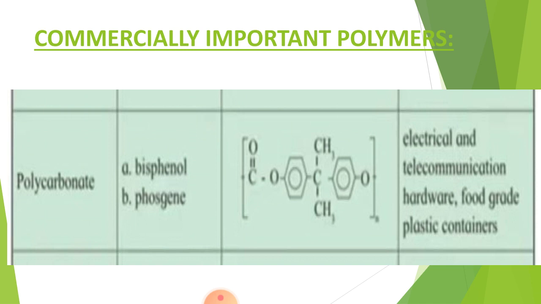Its polymer structure is C double bond O, O, benzene ring, C, CH3, CH3, benzene ring, O. Carbon and oxygen will open their branches to link with another polymer structure n number of times to prepare polycarbonate, and its application is in the field of electrical and telecommunication hardware, and in the preparation of plastic containers for food grade.